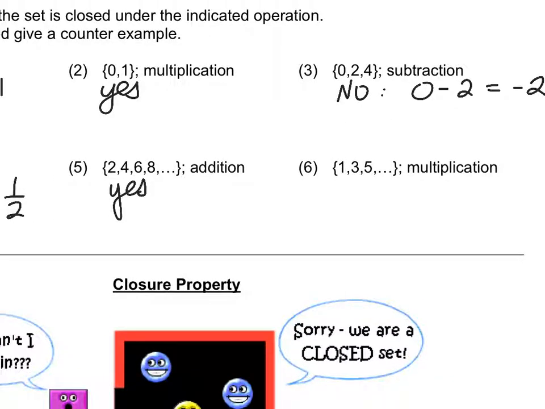One, 3, 5, so that's looking like odd numbers. So ask yourself, you want to start thinking generally here. Can I multiply any two odd numbers and get a result that is odd? Seems right, right? Well, definitely 1 times anything is going to work.